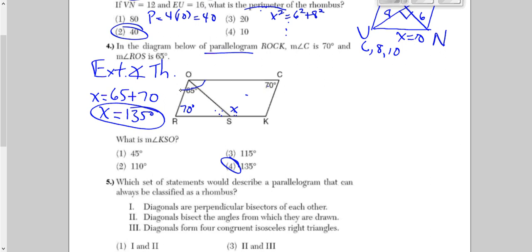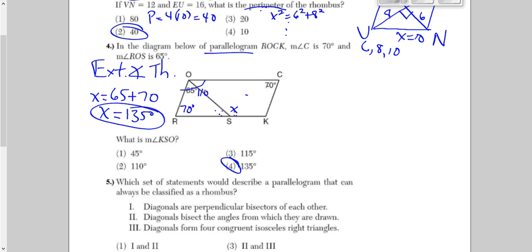So what's the measure of angle ROC? This and ROC add to 180. 110, right? And then opposite angles are congruent, so K is what? This is 110, you told me.